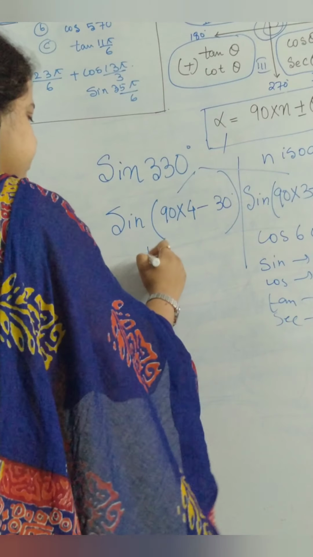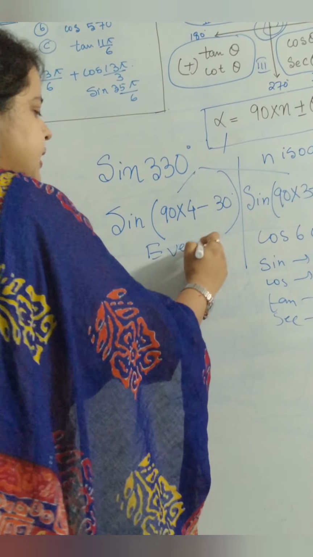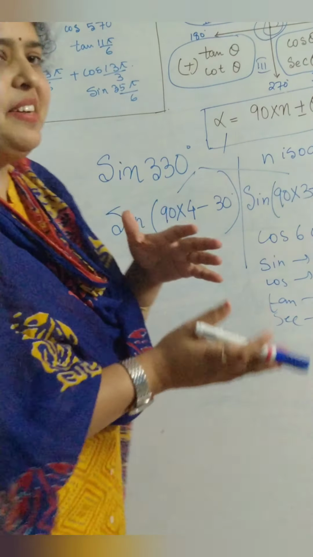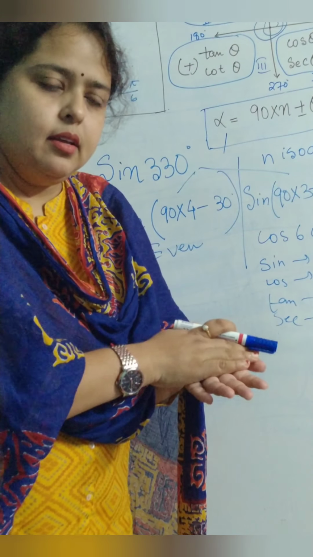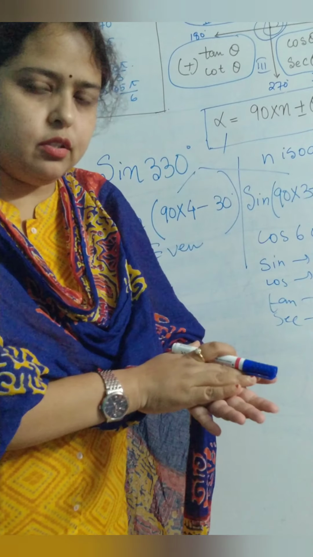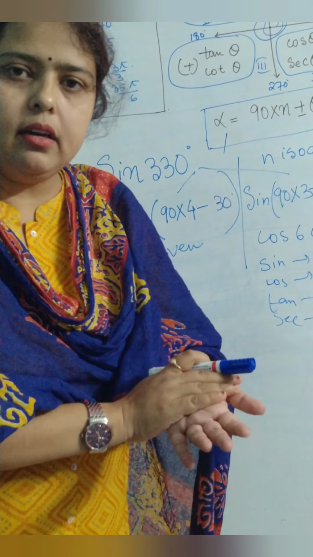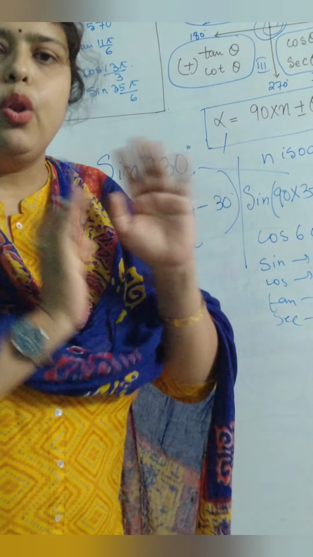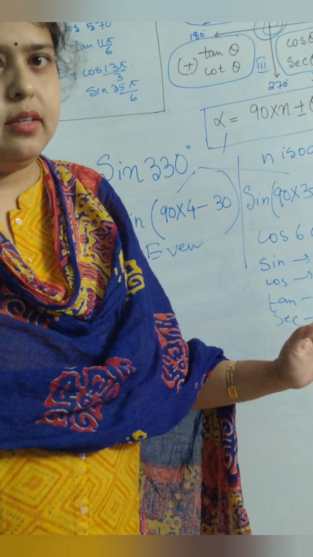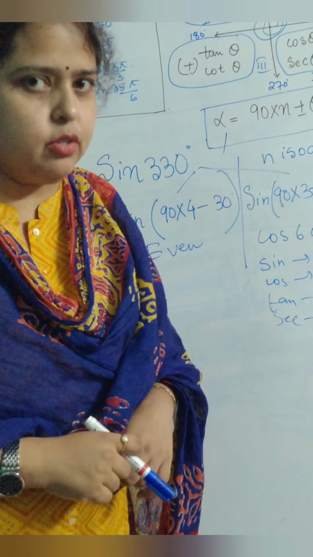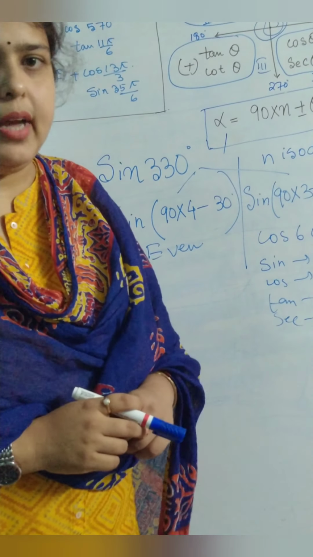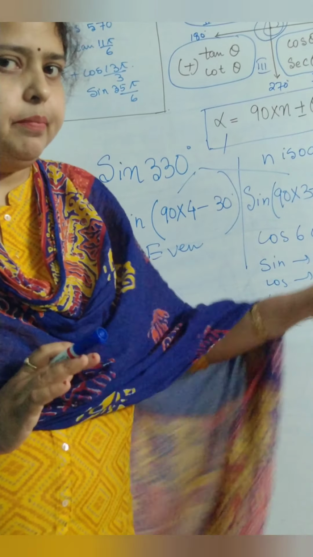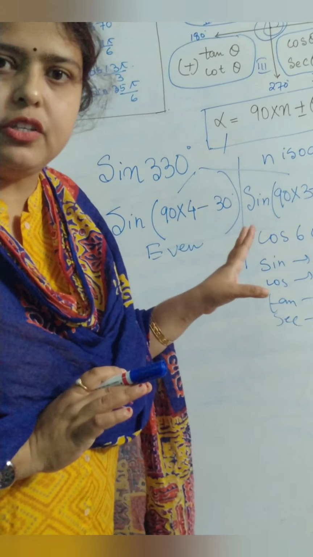Yes, children. When n is even, sine remains sine, cos remains cos, tan remains tan, cosec remains cosec, sec remains sec. No changes. I've provided you a table also. Please do follow that. Everything is explained there in writing.